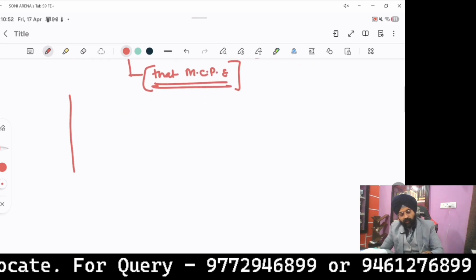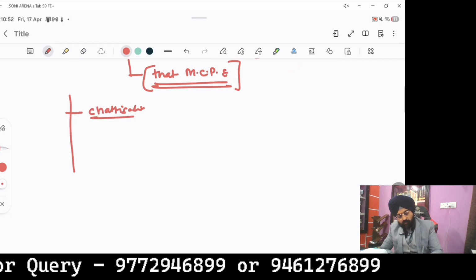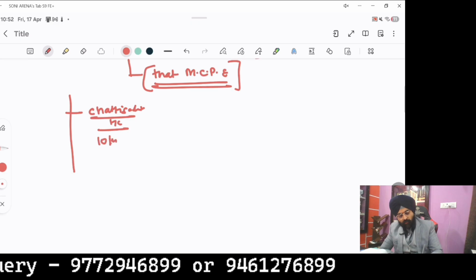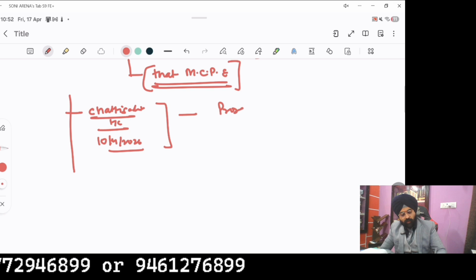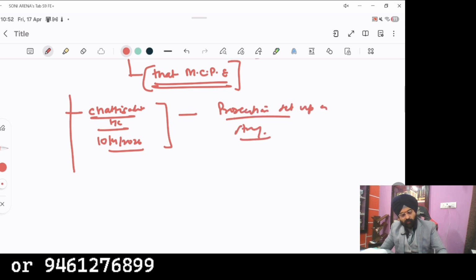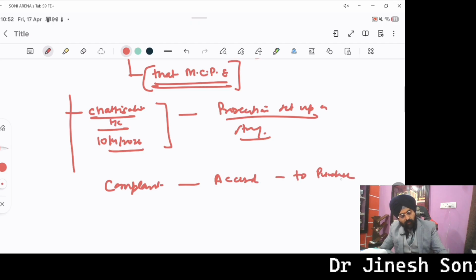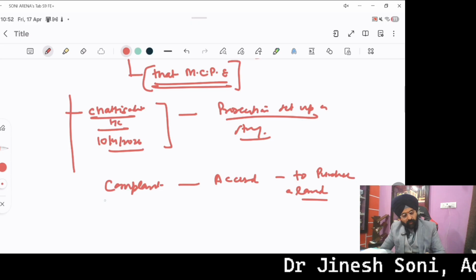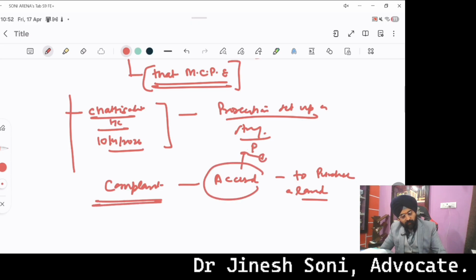So, in the case at hand, that is pronounced by Chhattisgarh High Court, dated 10th of April 2026, prosecution set up a story, which was that the complainant inter alia communicated with the accused to purchase our land, because as per complainant, accused deals in land purchase and sale.